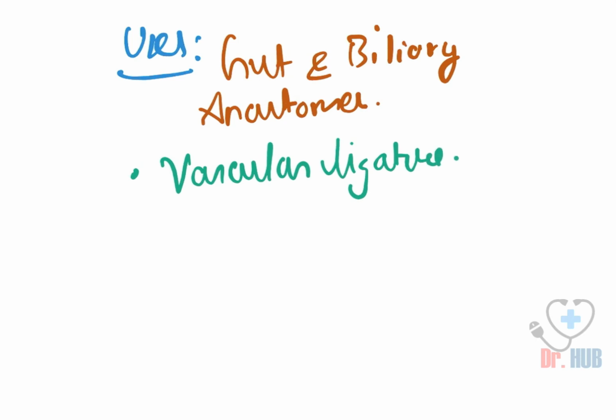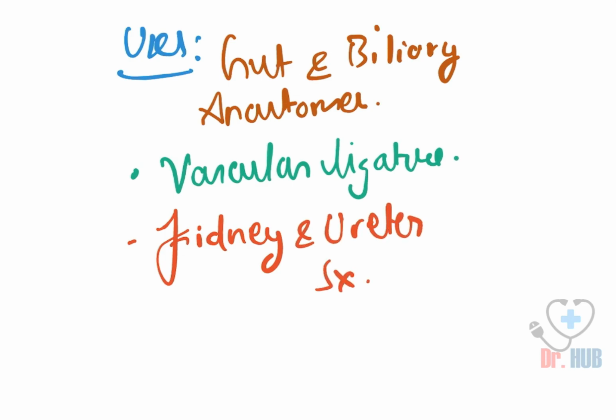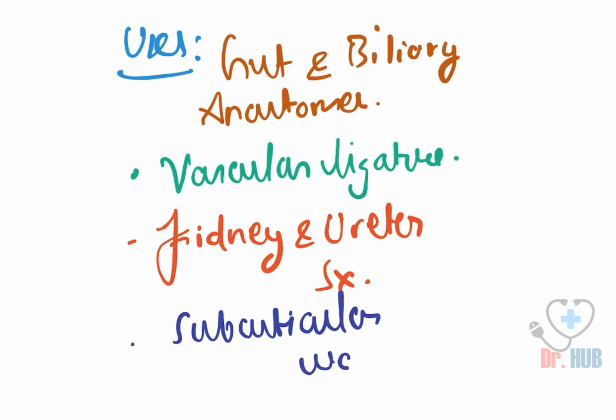Then the polygalactin vicryl is also used in case of the kidney and the ureter surgeries. Then it is also used in case of the subcuticular wound.